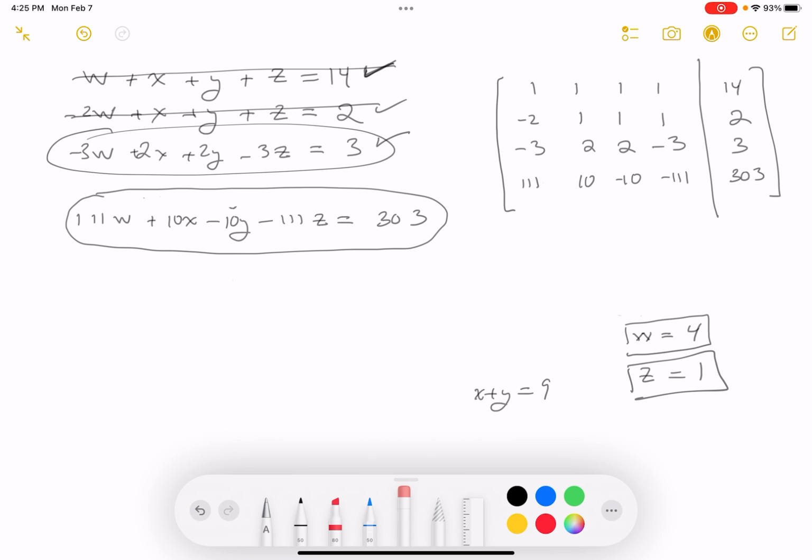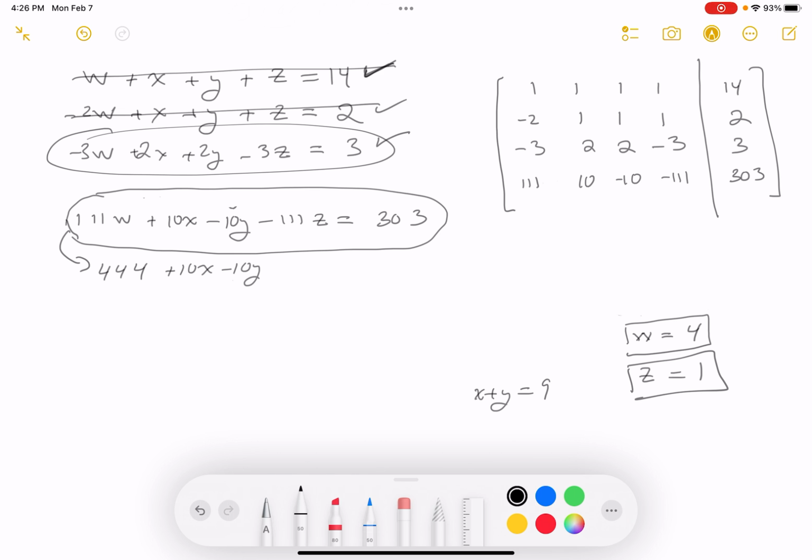And let's start popping things in, all right? And you might wonder where I'm going to be popping these things into the equation. Let's see. I haven't used this one yet, right? So let's put this down and see what happens. Something interesting is going to happen. So let's see, w is 4. So this is going to be 4, 4, 4. And then I got, let's put this down, plus 10x minus 10y.